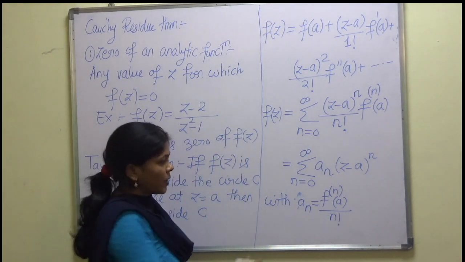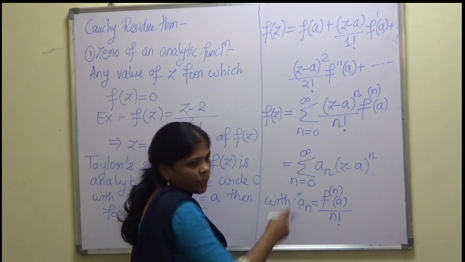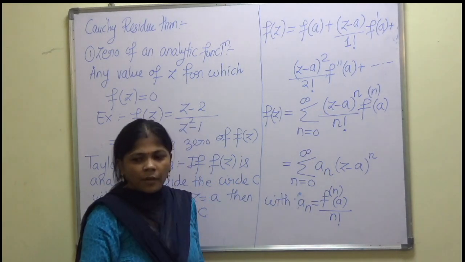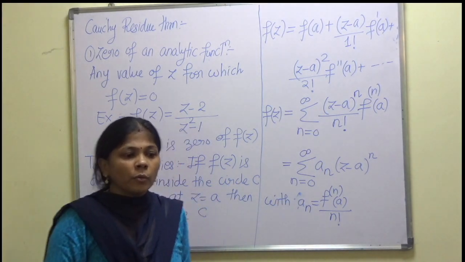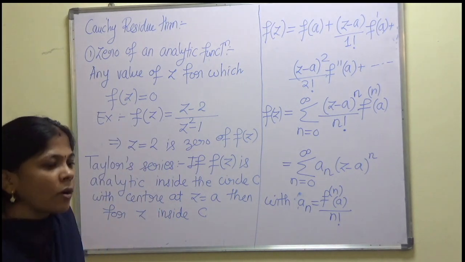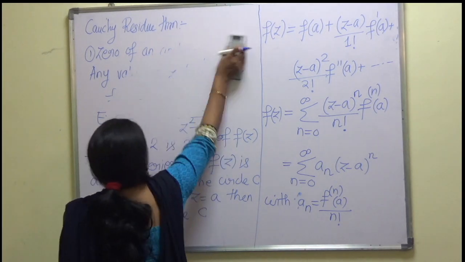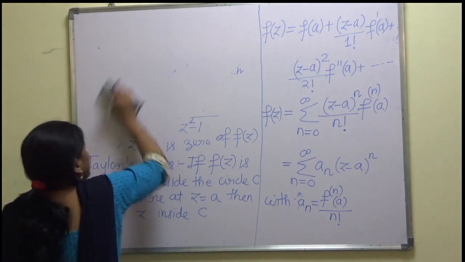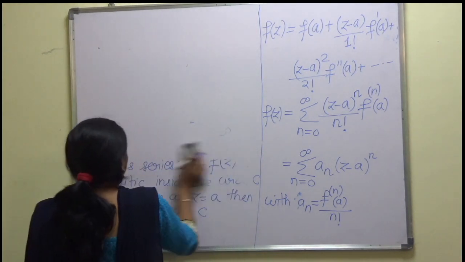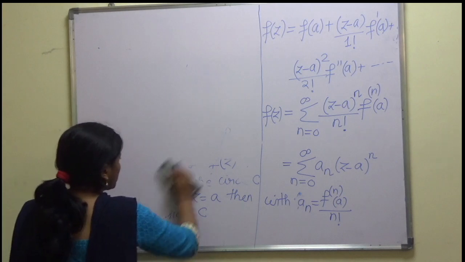Now this is the value according to this expansion. Now we want to find out what is the value as per complex integration. So we can get the value of a n as per complex integration.